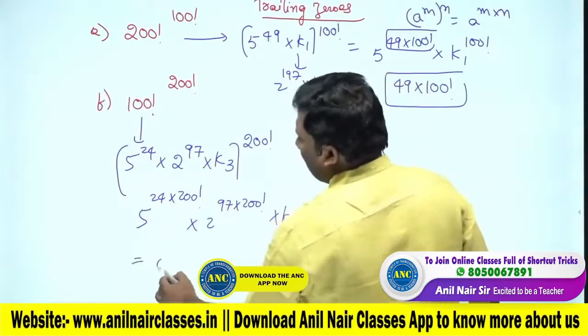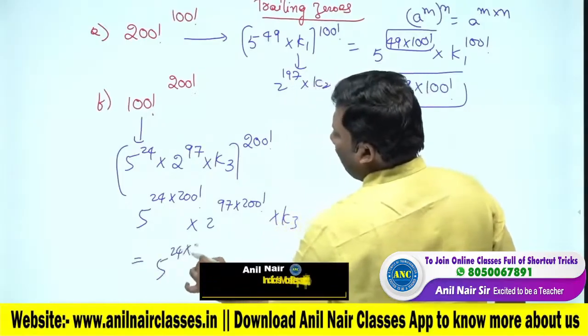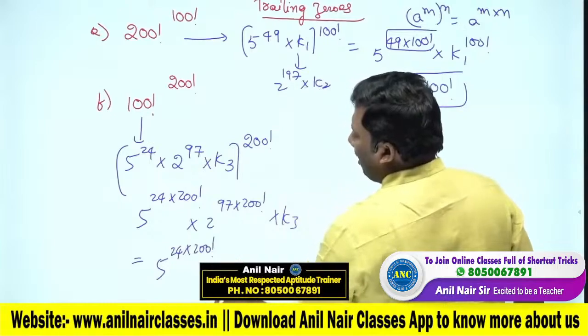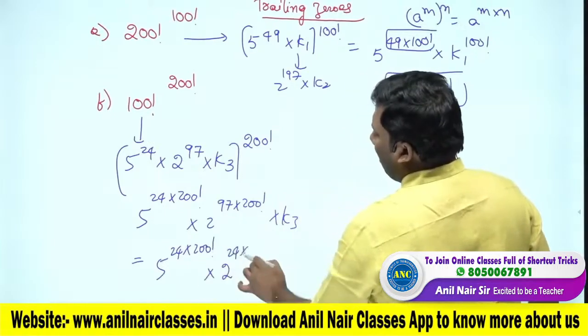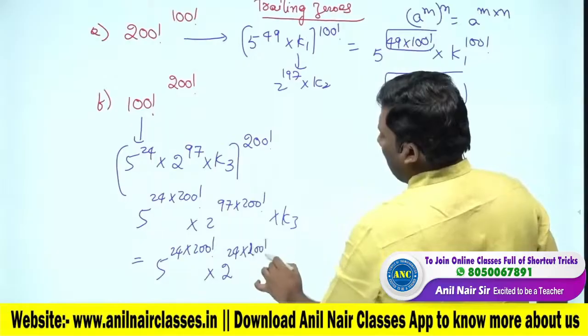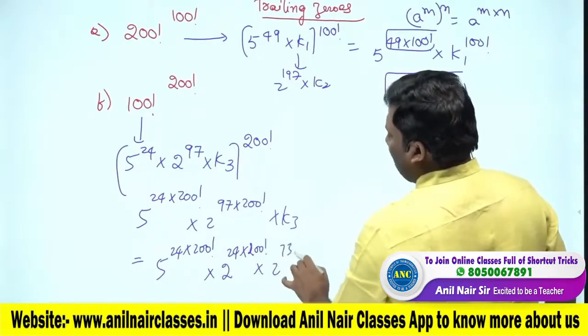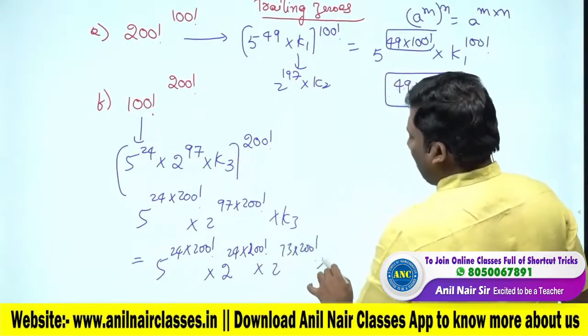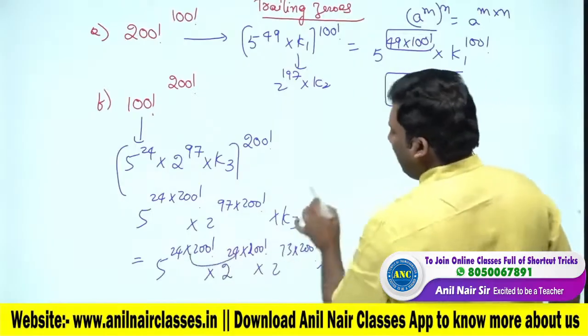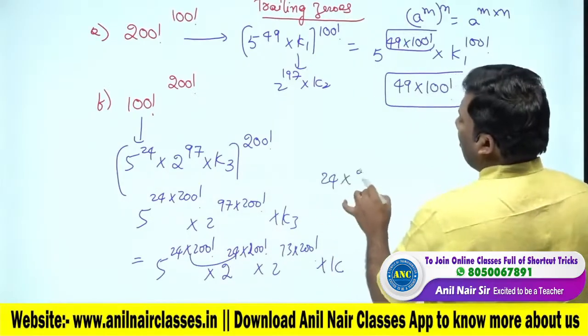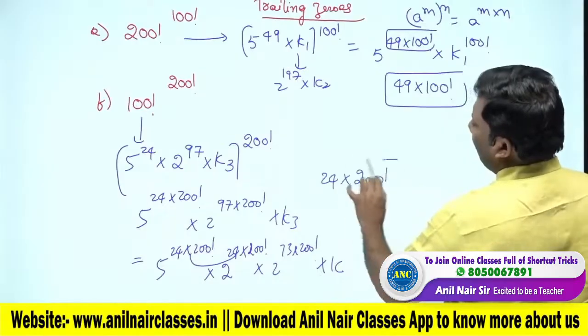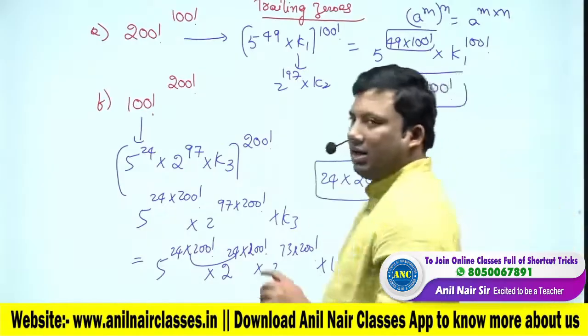So this can be written as 5 power 24 into 200 factorial, and 2 power 97 into 200 factorial. If I take the combination, I will get the answer 24 into 200 factorial. Power also we did it.